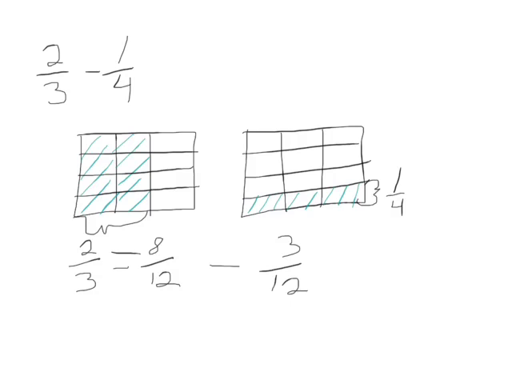We're going to take away 3/12. 1, 2, 3. After we do that, we see that we have 1, 2, 3, 4, 5/12 left. 8/12 take away 3/12 equals 5/12. 2/3 take away 1/4 equals 5/12.